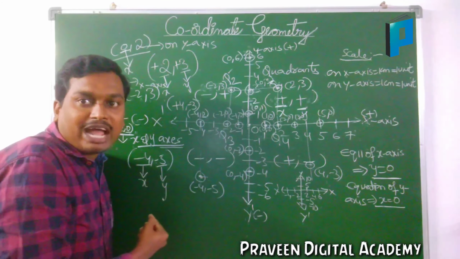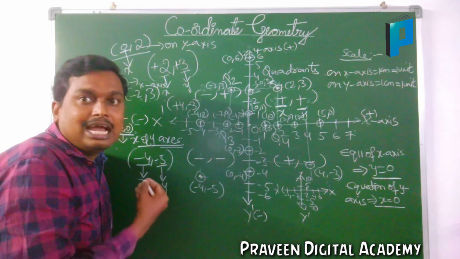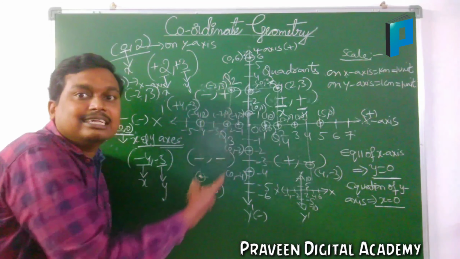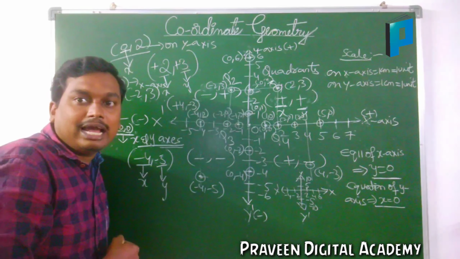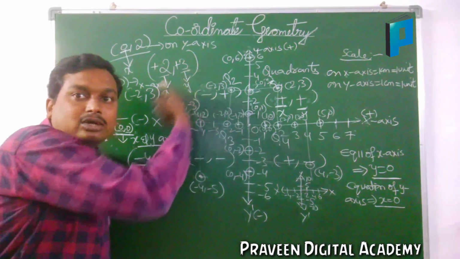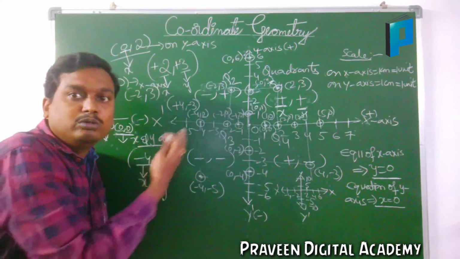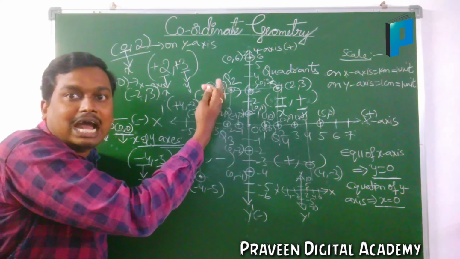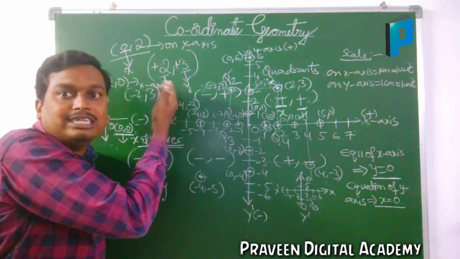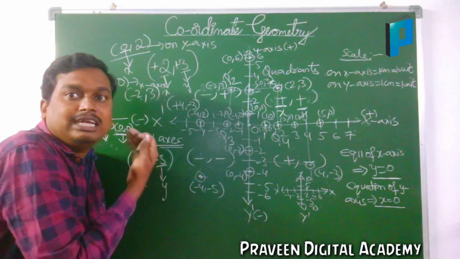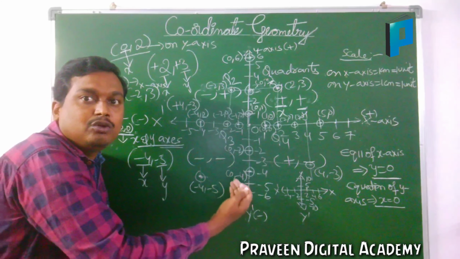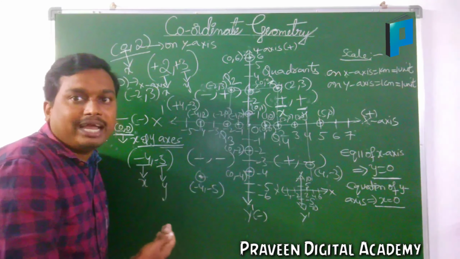The plural form of axis is axes, and where the x axis and y axis meet is called the origin. And the coordinate system has 4 quadrants: Q1, Q2, Q3, Q4. Q1 has plus plus, Q2 has minus plus, Q3 has minus minus, Q4 has plus minus.